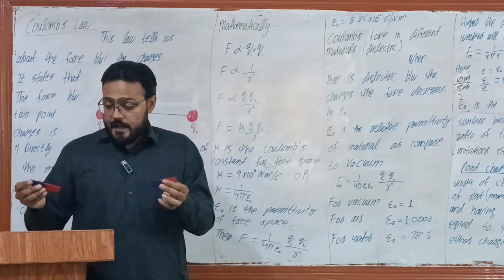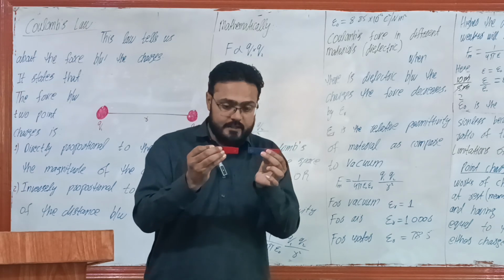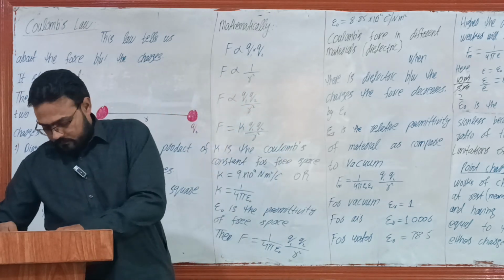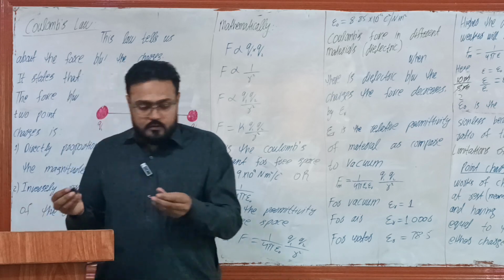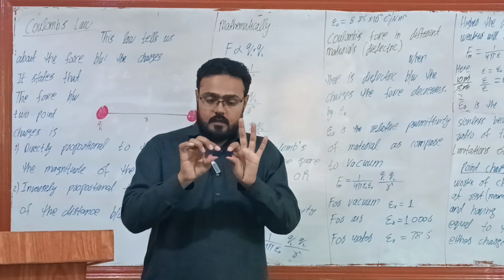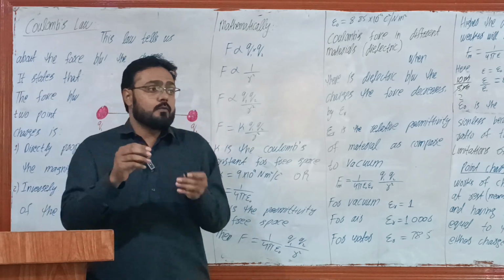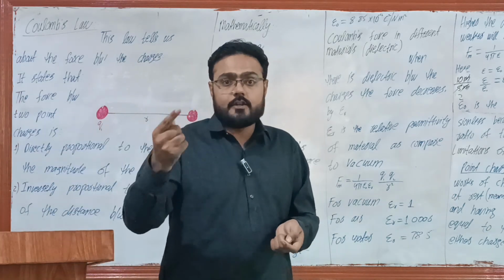So here I increase the magnitude of the magnet, and the force is now increased. Now I'm decreasing the magnitude, and the force is also decreased. It means force has a direct relation with the magnitude.